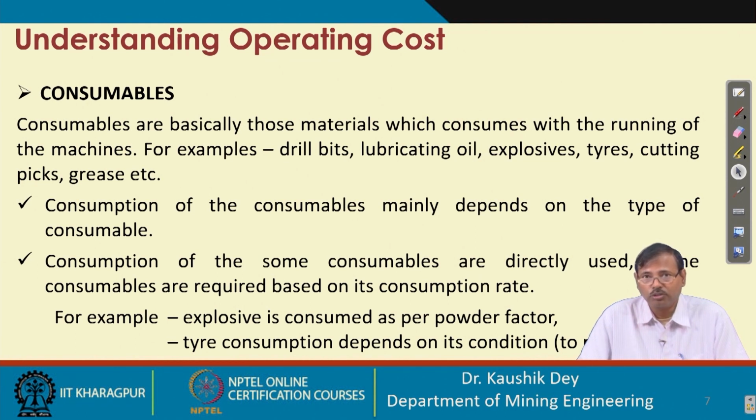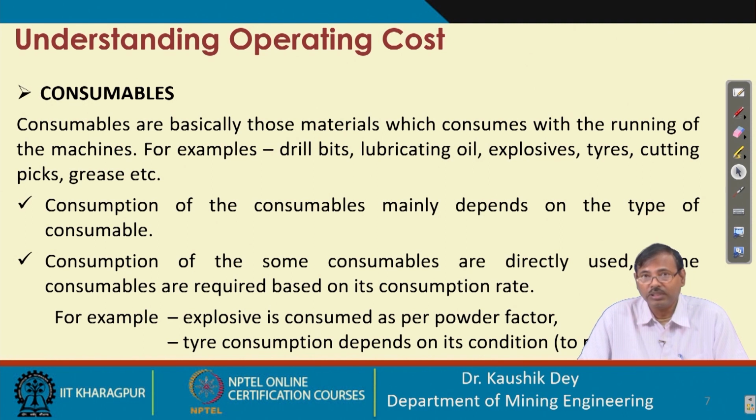And there are some spares which are gradually worn out or erased because of the operation of the machine, such as the drill bit, the cutting picks, and the grease or lubricating oils provided on a day-to-day basis. Those are the consumables which depend on the running of the machine.